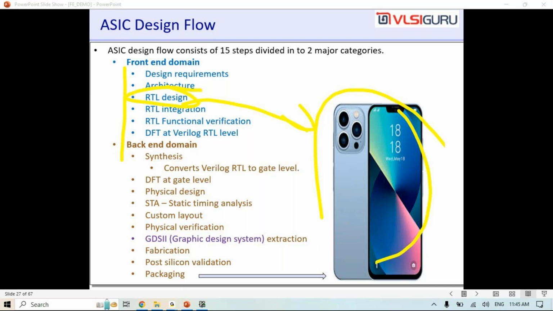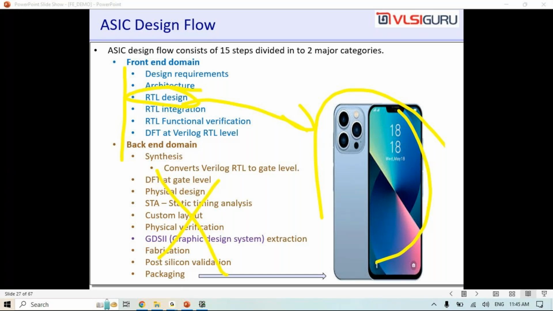So in software, there is no need to fabricate things. This entire process won't be there at all. Software engineers don't have this process. Their work starts with developing the code, testing that the code is working fine, then you start deploying. Whereas in VLSI, ASIC, whatever code you have developed, you have to convert it into gate level format.